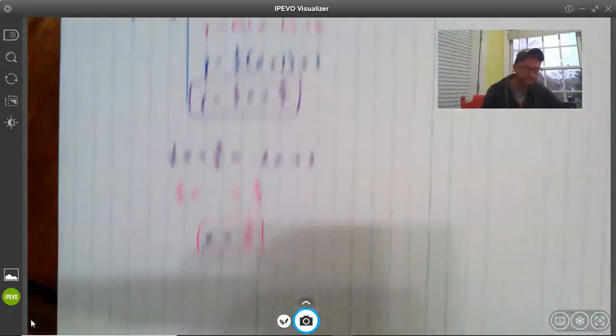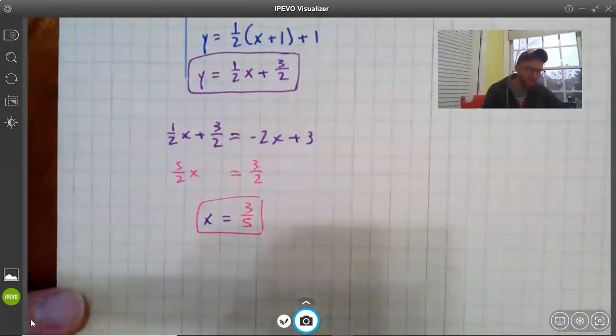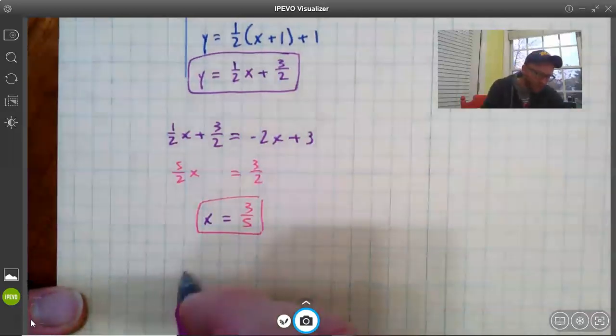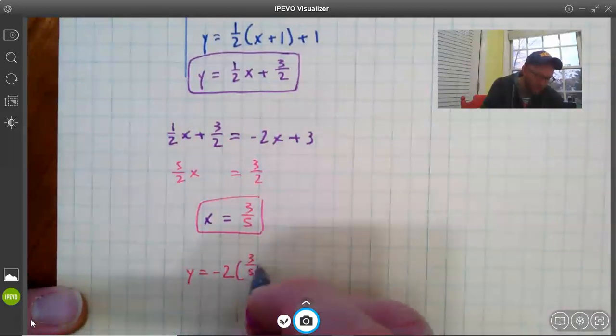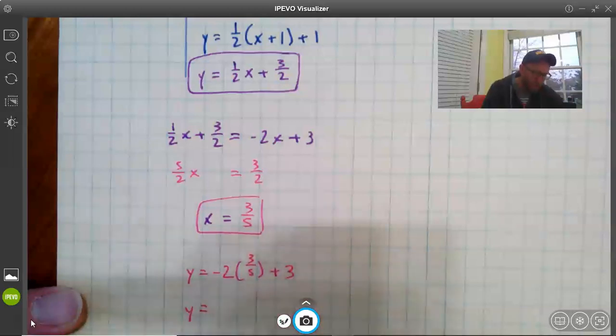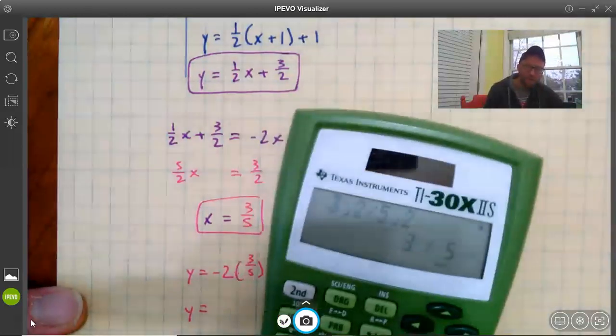Okay. Next up, we're going to find the y coordinate, so we're going to go back to one of our two equations. y equals, we'll pick the one over here, negative 2x plus 3. We'll put in our 3/5 here, plus 3. And I'll just get my calculator out and put all that stuff in.